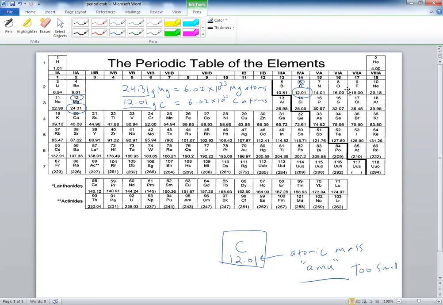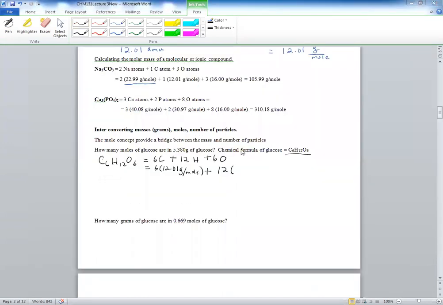And of course, for oxygen, it's 16. And 6 times 16. So you add up all of these, you multiply and then add, you get 180.18 grams per mole.